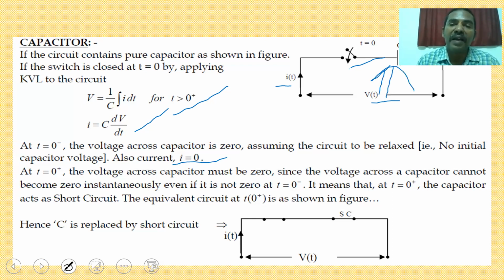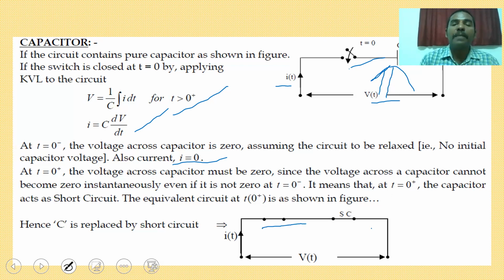The capacitor never takes instantaneous voltages. That means the capacitor will act as a 0, so the voltage drop across the capacitor is 0. It is short circuited at t equals 0 plus condition.